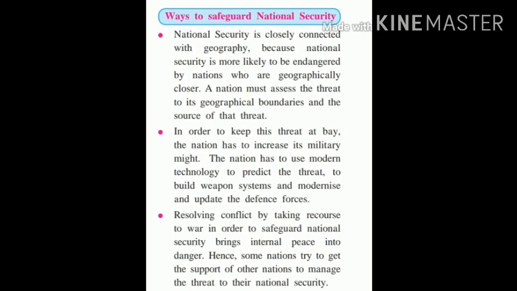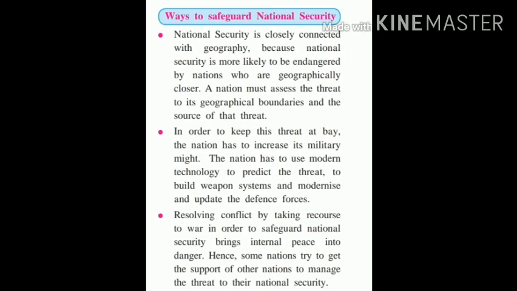If we are fighting a war with any country, then the peace of that country also comes in danger. So many countries take the help of other countries to manage the threat to their national security.